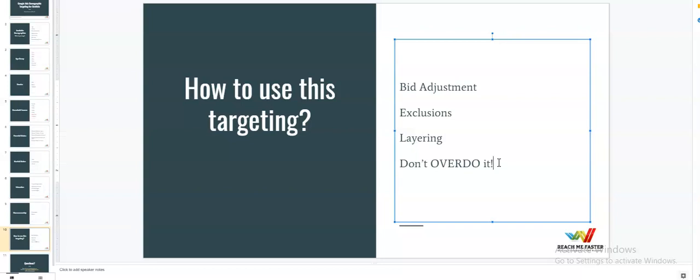Then ask your manager or the person who's running the campaign, or if you are doing it on your own, just think about what targeting you could use and what targeting is going to be too much. Based on that you might want to adjust the bids here and there, maybe exclude a couple of demographics that you do not want, but you do not want to just start using each and everything and narrow everything down to just a few thousand people in a city of a million. That's just not going to help your campaign at all.